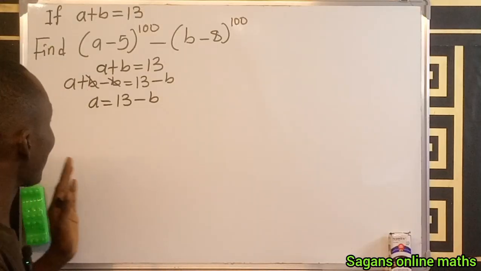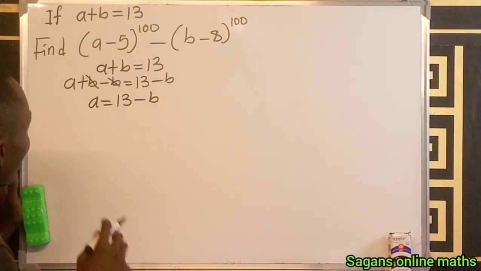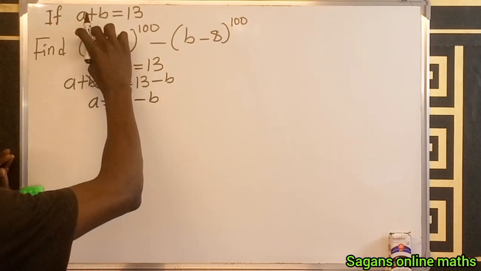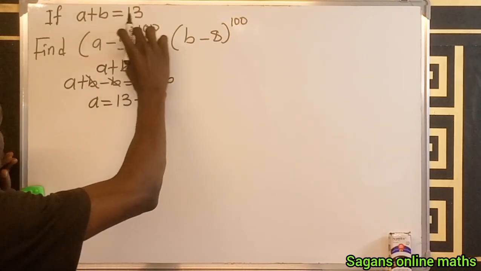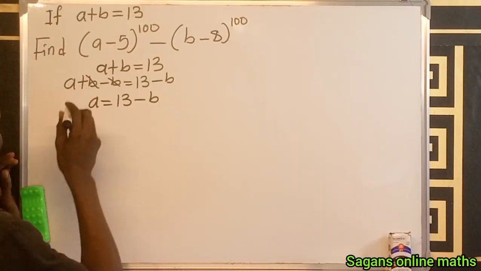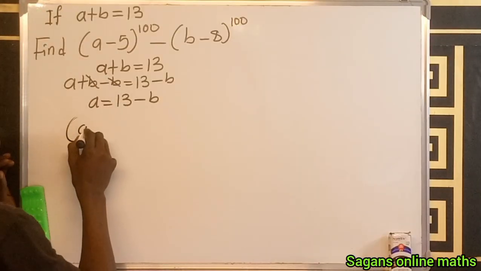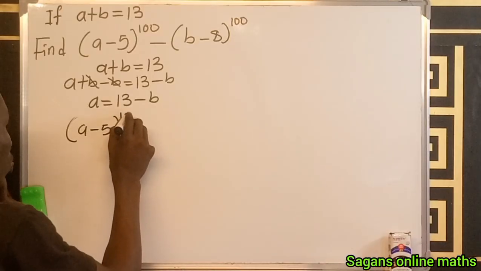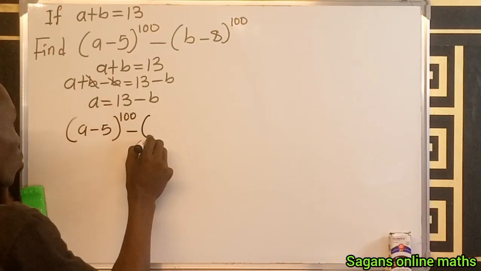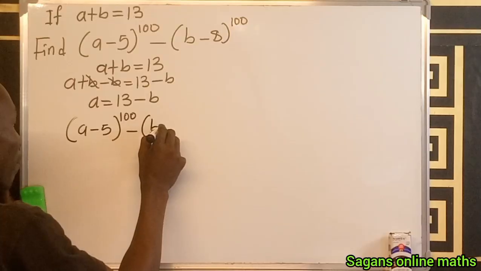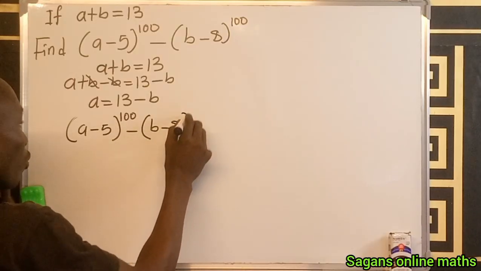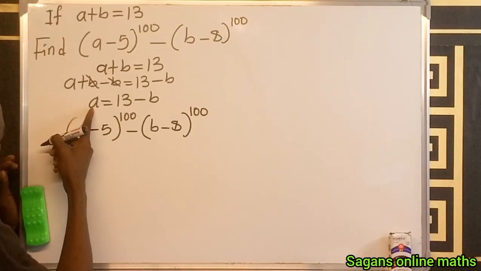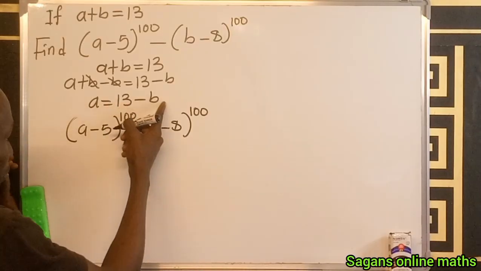Okay? At this point, let's substitute the value of a. The value of a is 13 minus b into this, because we are asked to find the value of this. So remember that this is (a minus 5) all to the power of 100, minus (b minus 8) all to the power of 100. We know that a is equals to 13 minus b.